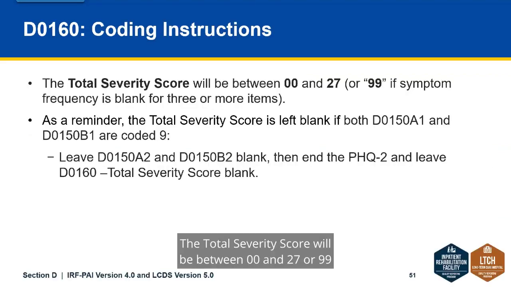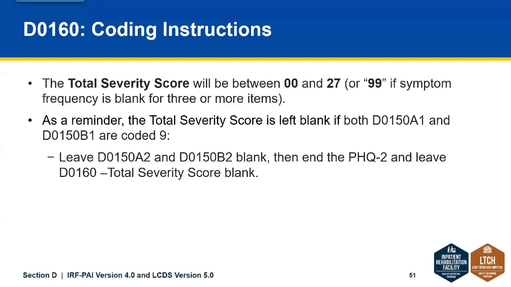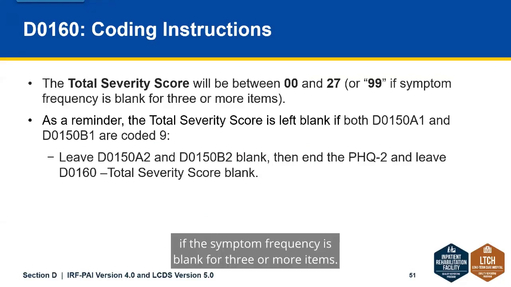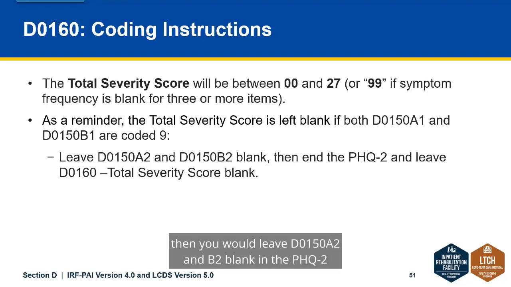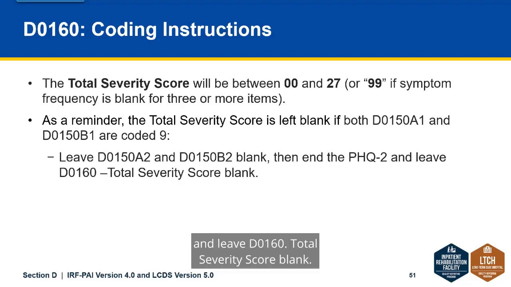The total severity score will be between 0 and 27, or 99 if the symptom frequency is blank for 3 or more items. And as a reminder, the total severity score is left blank if both D0150A1 and B1 are coded 9. Then you would leave D0150A2 and B2 blank in the PHQ2 and leave D0160 total severity score blank.